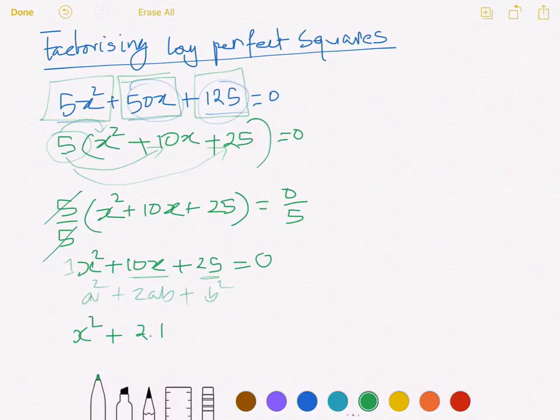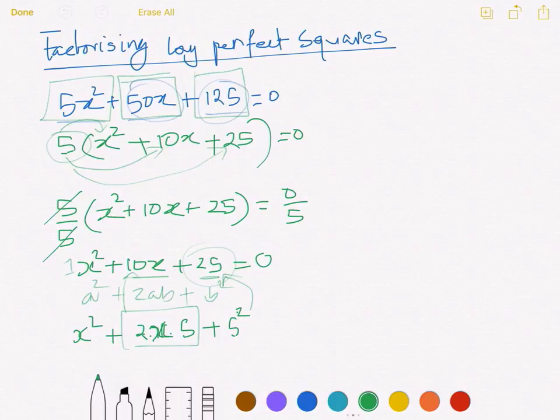According to our equation, our a is 1 and our b is 5, and our b squared would be, of course, 5 squared, which gives us the 25 that we just had. That's the 25. 2 times a times b, which is 2 times 1 times 5, gives us 10. In fact, it is actually x, not 1, x or 1x. And of course our a term was just x squared. A squared was just x squared.